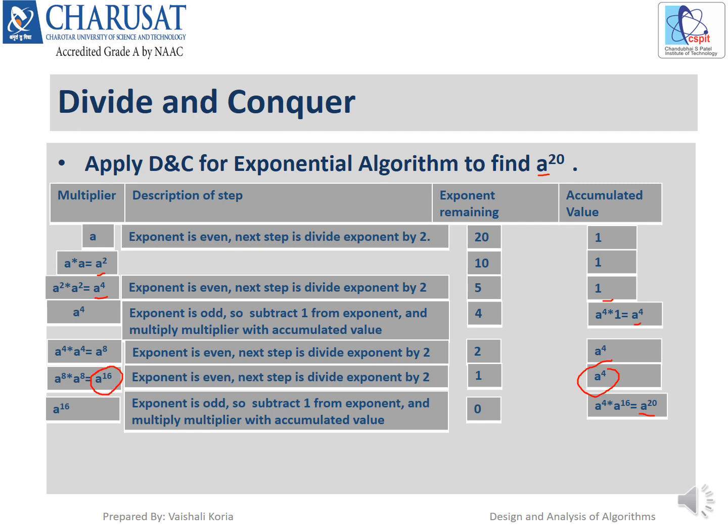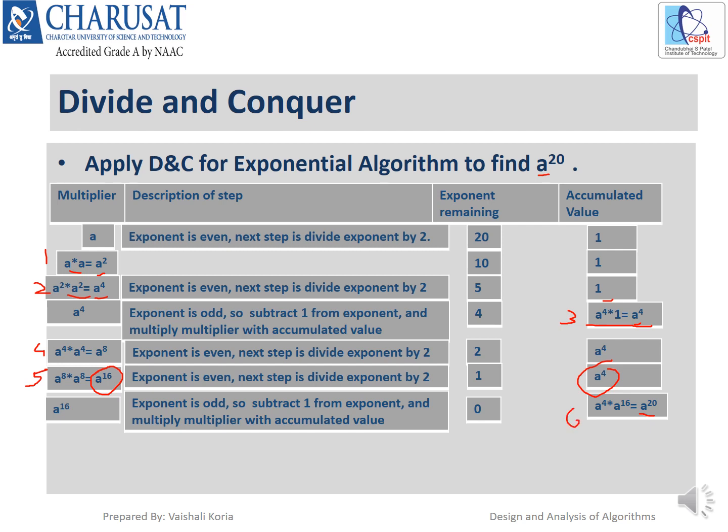Now we need to understand how many multiplications are required in this particular method, because before we have seen in the standard method we require 20 multiplications, but here if you see, this is one multiplication, this is the second multiplication, then after we have to multiply this multiplier and the accumulated value, so this is the third multiplication, this is fourth, this is fifth, and this is sixth multiplication.